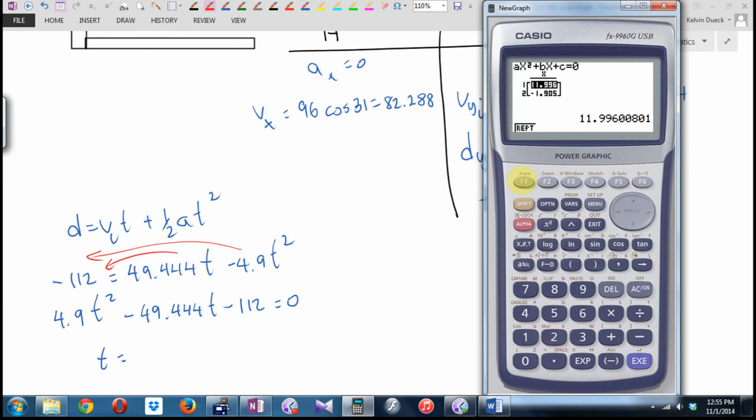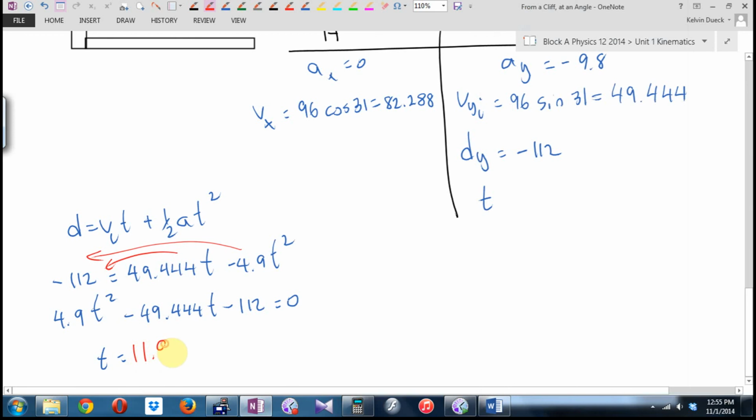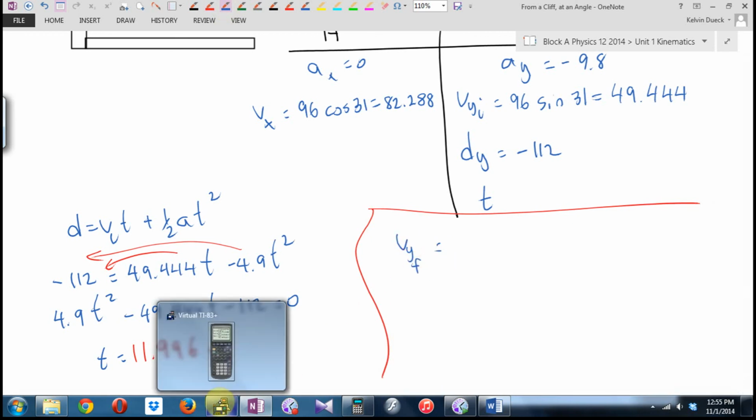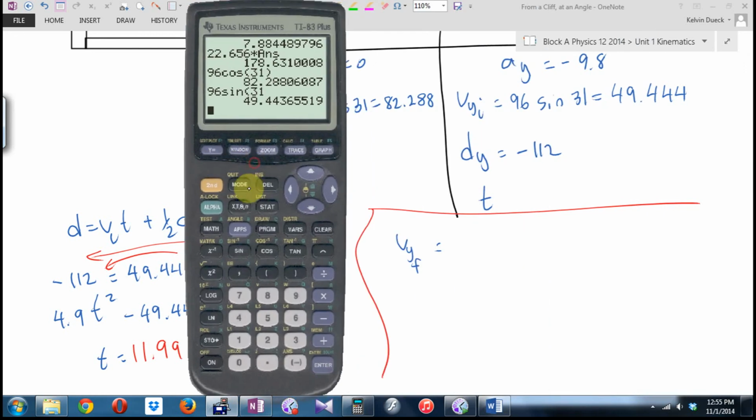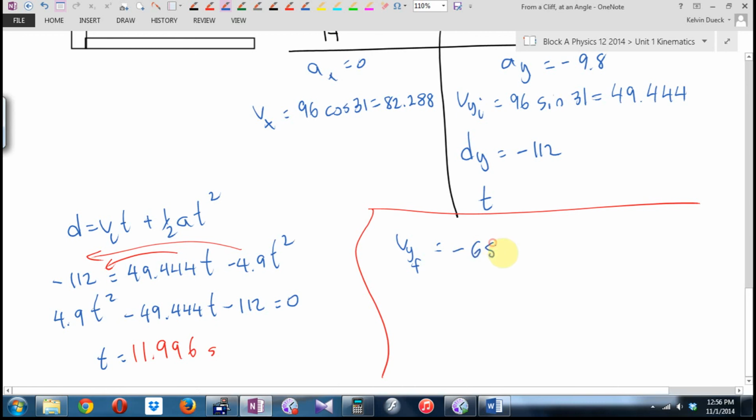And I get 11.996 seconds, almost exactly 12 seconds. Now, if you wanted to use the V final method, you should find that Vy final ends up being the square root of Vy initial squared plus 2AD. It ends up being this number squared plus 2 times negative 9.8 times negative 112, square root, and then make it negative, so negative 68.12.